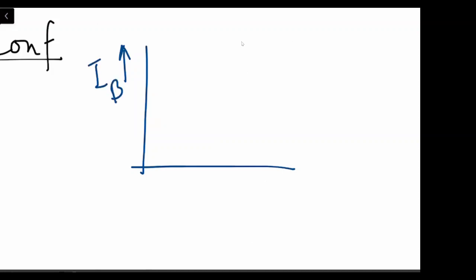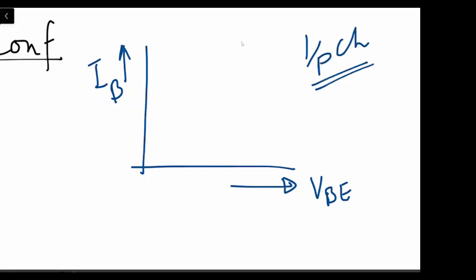The input current is IB, and the input voltage is VBE. For the normal operation of the transistor, the base emitter junction needs to be forward biased, right? So how will this input characteristic curve look? Anybody?